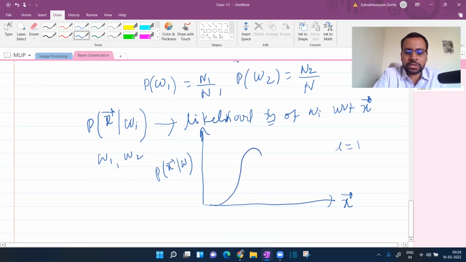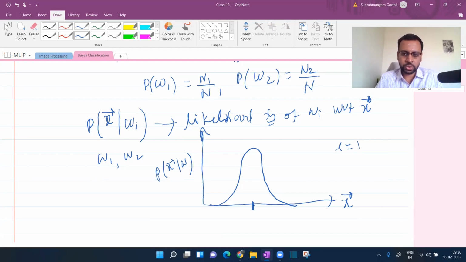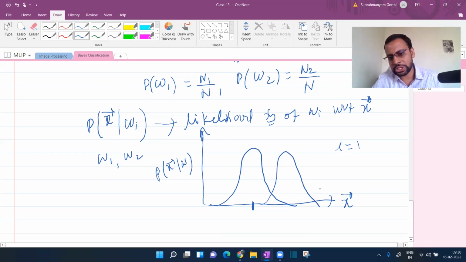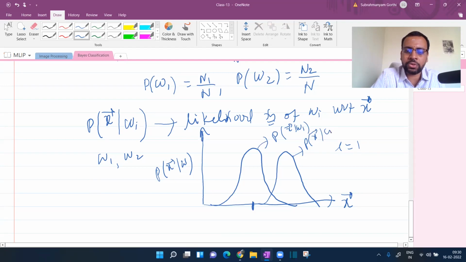For example, assuming some distribution, whatever it is, it will tell me the probability of this, given that this belongs to omega I. If I could somehow get the distribution for each class, and anyway I have just two classes, this would be the probability of x bar given omega 1, and this is the probability of x bar given omega 2.